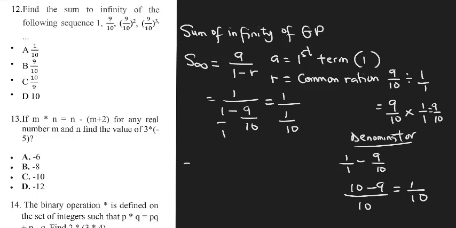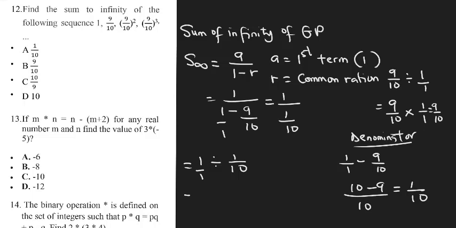So another way of writing this is the same as 1 divided by 1 over 10, which is the same thing as, if you balance this one with 1, take the reciprocal.